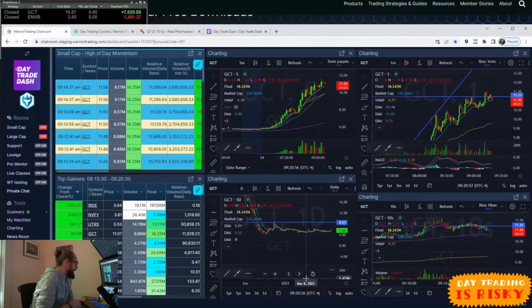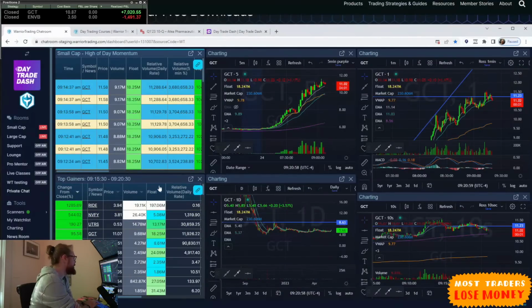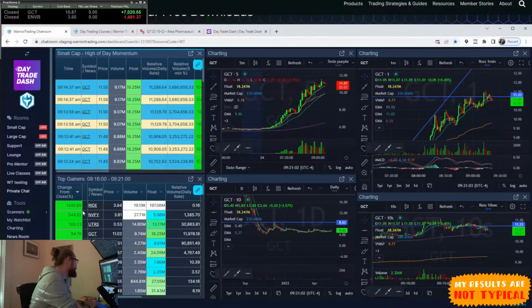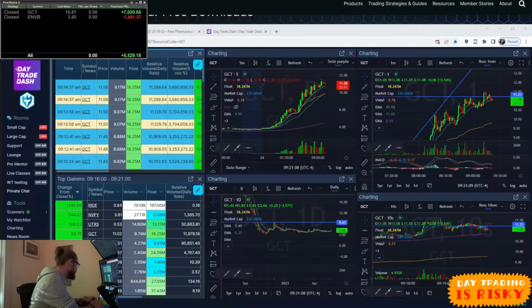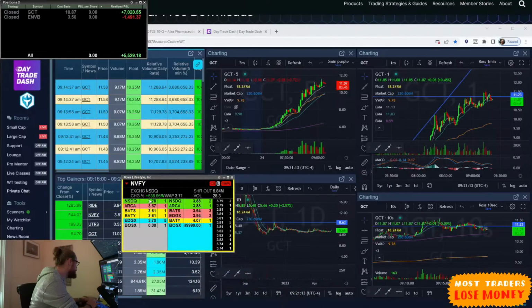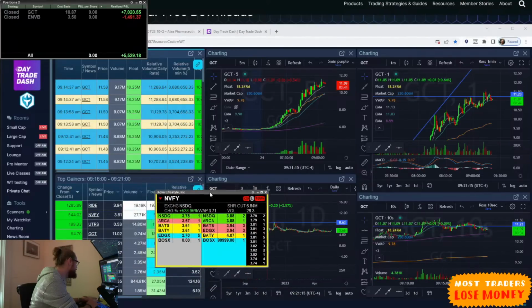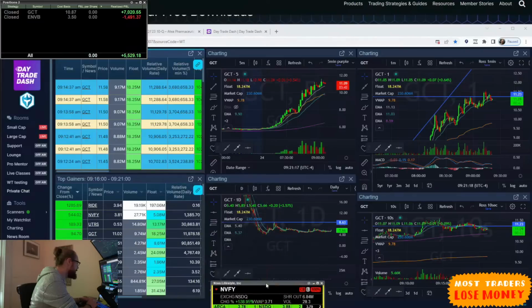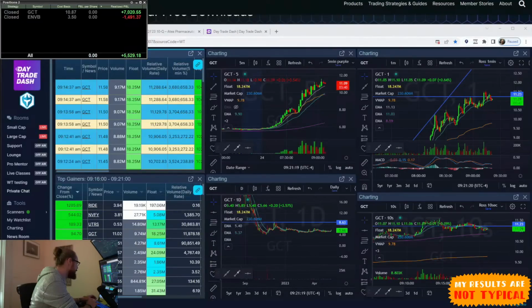So right now, this morning, the scanners here, these are my top gainers, and they show some reverse splits. Sometimes we'll have a reverse split that'll be on the top gain scan. NVFY is showing that it's up 538%. It's actually a reverse split. So anyways, that's common. So I'm able to ignore those.